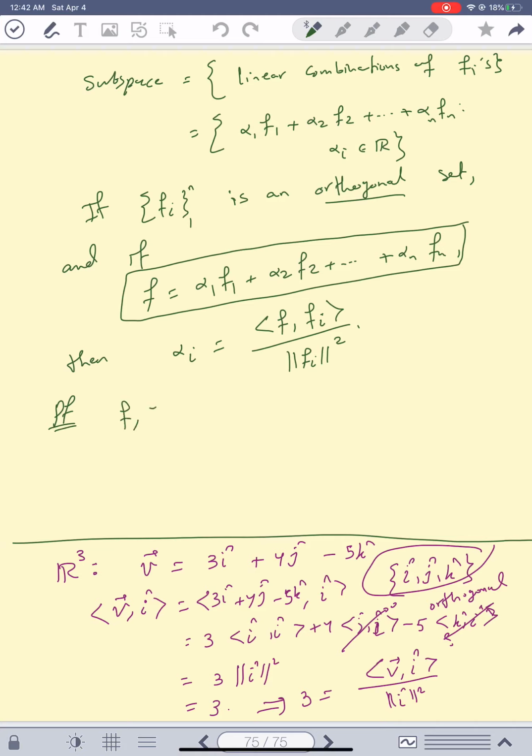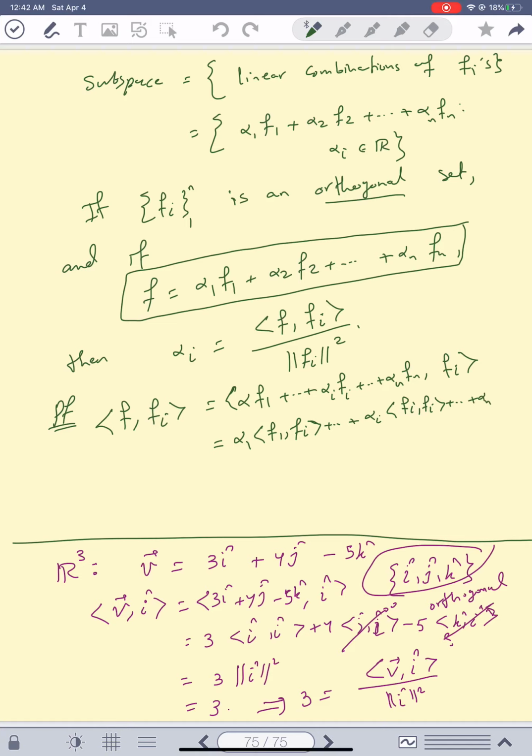If you perform the inner product between f and fi, what do you get? f is alpha 1 f1 plus, at a certain point you will meet alpha i fi, you will continue to alpha n fn. If you make the inner product with fi, this is alpha 1 f1 fi, you will meet at a certain stage alpha i fi fi, up to alpha n fn fi.